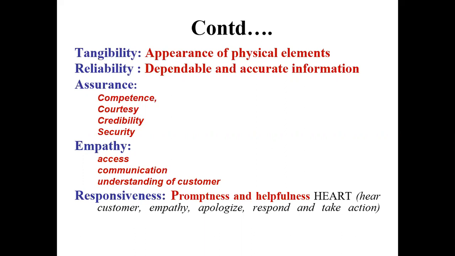So, my dear students, there are five broader dimensions: tangibility, reliability, assurance, empathy, and responsiveness. Within assurance, there are four components: competency, courtesy, credibility, and security. Researchers measured these four items separately, and later, after further research, they found that these four elements measure aspects that are very important and related to assurance. In a similar way, access, communication, and understanding of the customer are different sets of questions which finally measure the dimension called empathy.